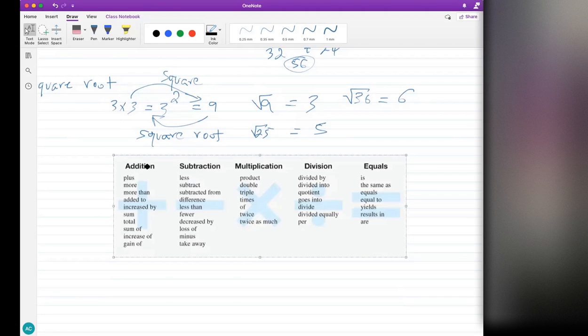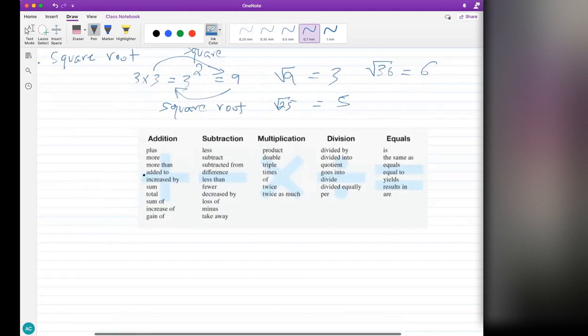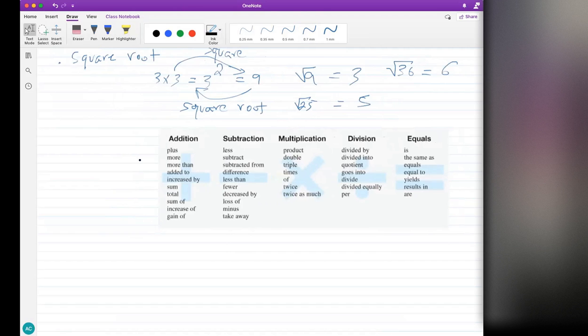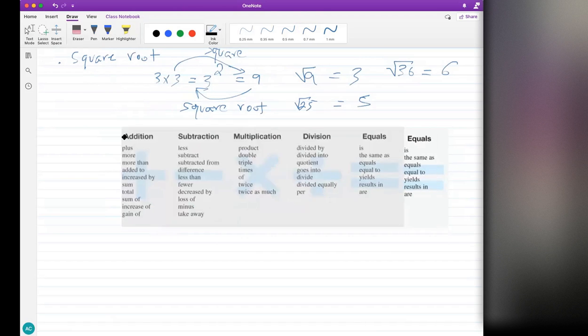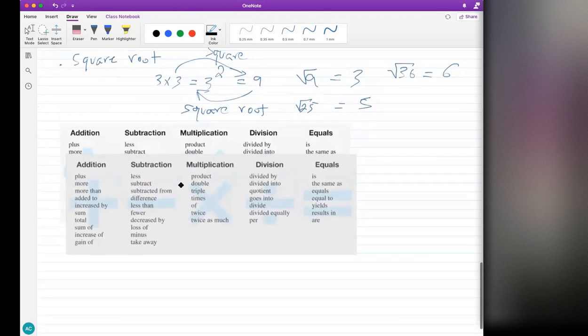When we add, we say something plus something or something more, and so on. For subtraction, you can use different words to mean subtraction, division, and so on. So get familiar with these words. When you see them, use the appropriate operation to translate them and solve problems.